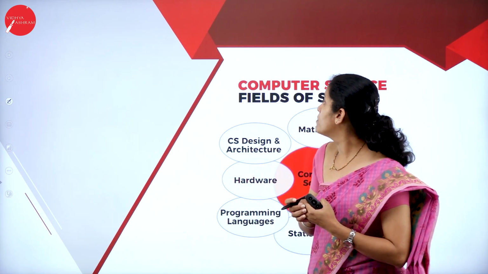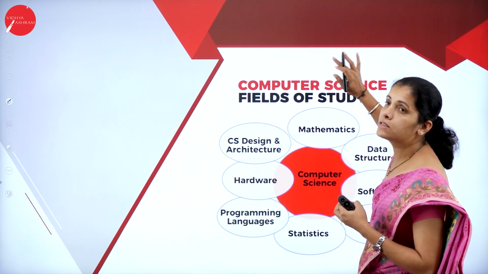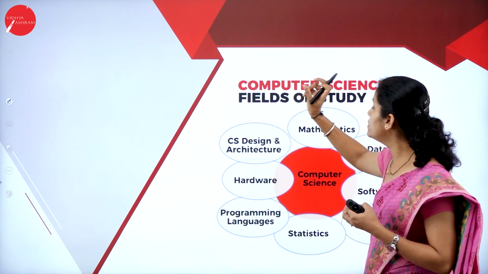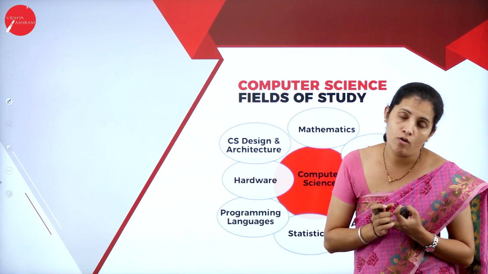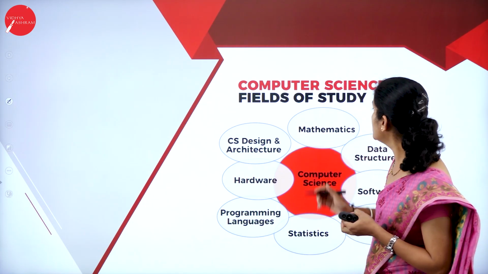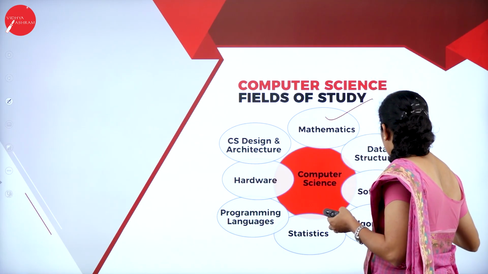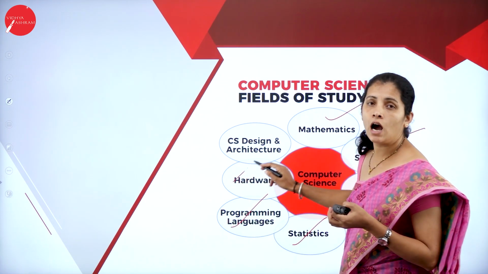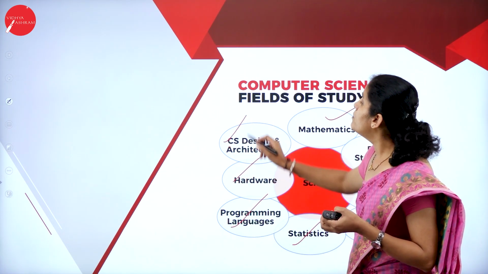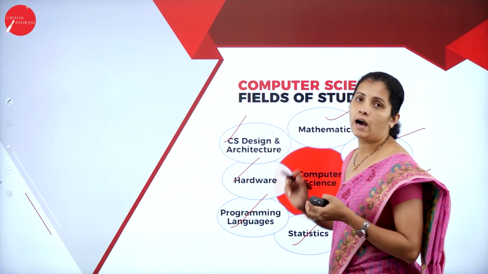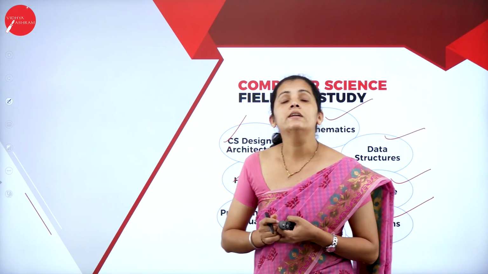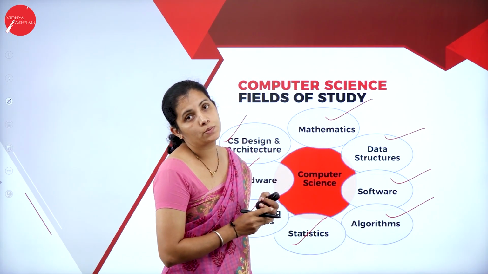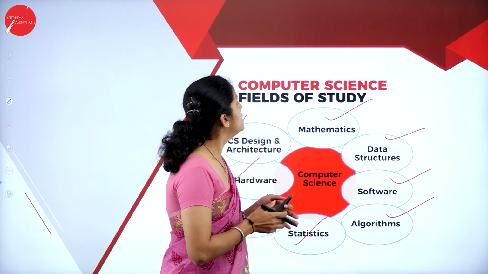Moving further, computer science is a field of study. That means computer science is the study of certain fields like mathematics, data structure, software, algorithms, statistics, programming language, hardware, as well as computer system design and architecture. So here computer science is the study of computation as well as the computer.